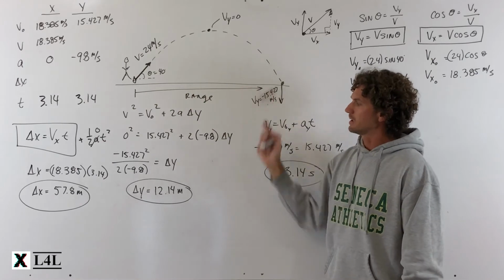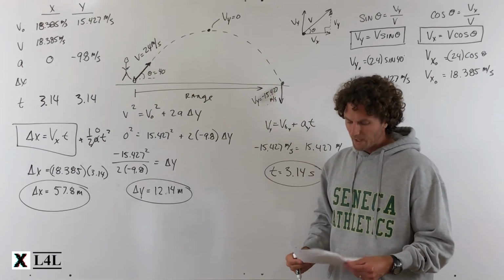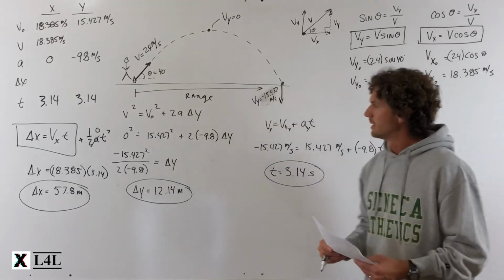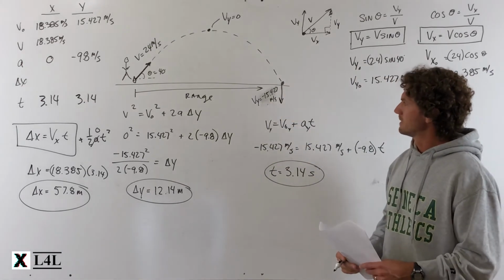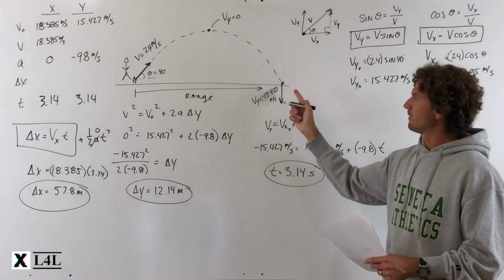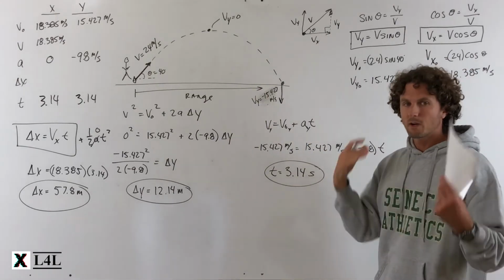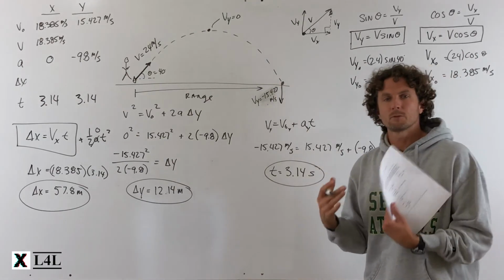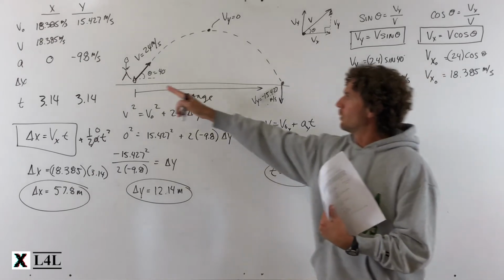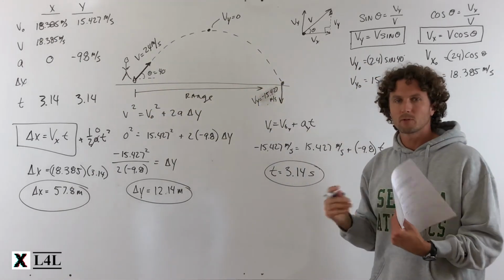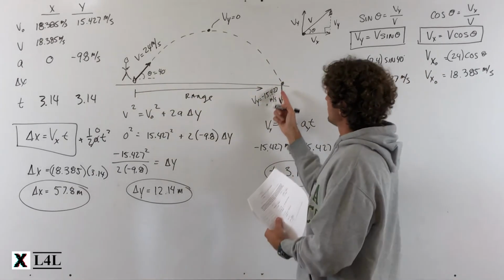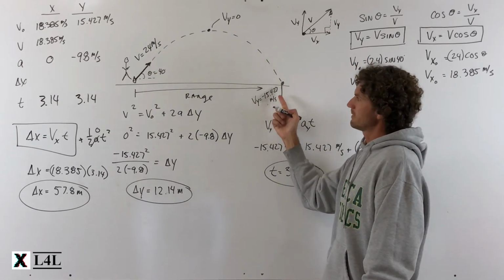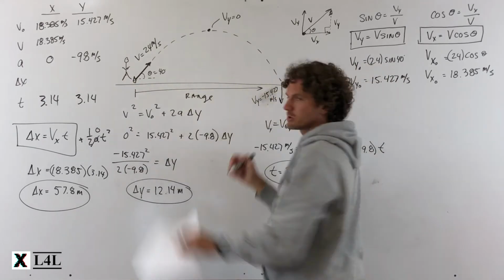Well, the last part asks for the final speed. How fast is the football moving? So we're looking for the magnitude of this final velocity right as it hits the ground. You could go through and work out the math, but conceptually all you need to do is understand what we already talked about several times about projectile motion. The vertical velocity is negative 15.427, since we are at the same plane that we launched from the ground.